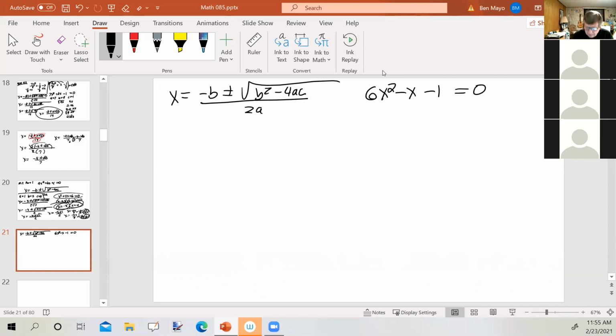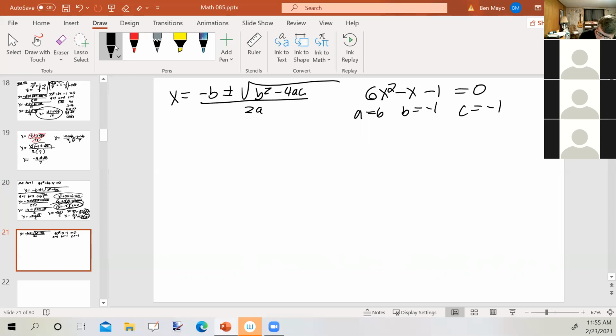First of all, it needs to be in standard form. That's ax squared plus bx plus c equals 0. And it is. Okay. So now a is 6, b is -1, the coefficient of x, and c is -1, the constant term.